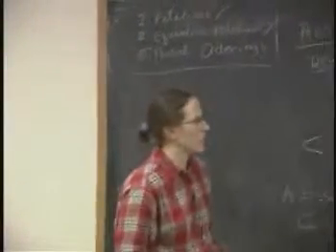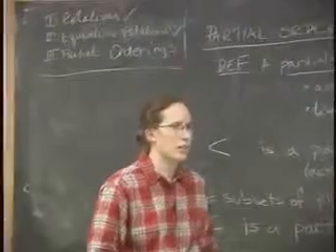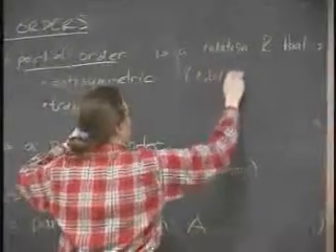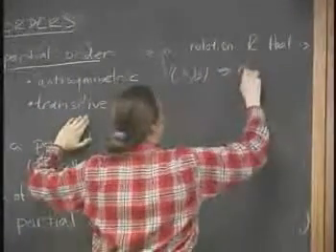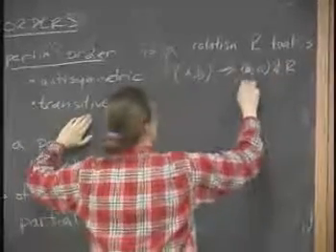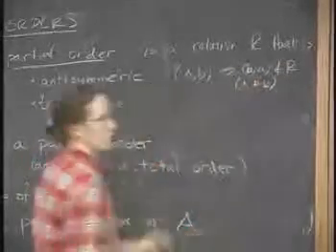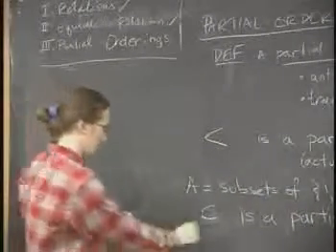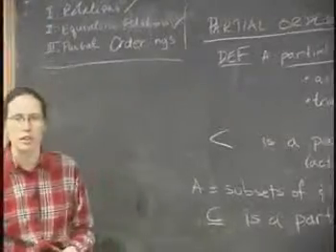I guess antisymmetric doesn't say anything about whether or not something's reflexive, because antisymmetric, remember, meant that if (A, B) was in the set, then (B, A) was not. And this was for A not equal to B. So if we leave the equal sign there, then it's okay.